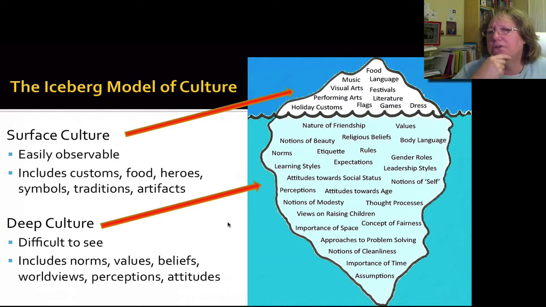Deep culture goes much more expansively across life experiences and includes everything from etiquette to gender roles to attitudes about social status to notions about modesty to how people think, thought processes about information, to assumptions.